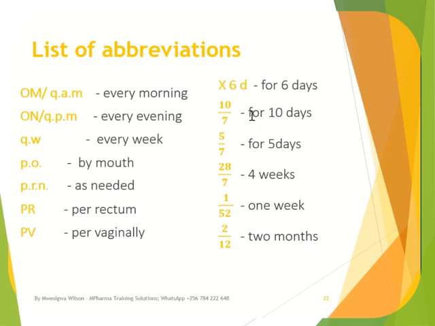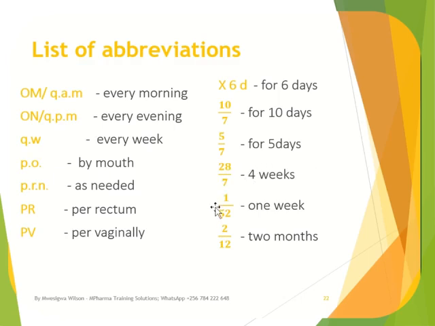Now, times of days and also days are key on the prescription. 10/7, always this 7 means a week, so this is 10 days. 5/7, 5 days. So 28 out of 7 means 4 weeks.